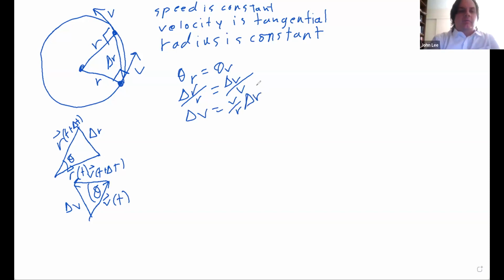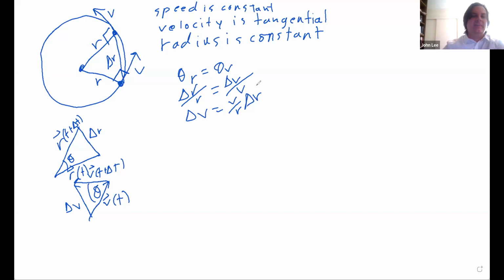So why do we care? We mostly care because if there's some change in the velocity, even if it's not changing speed, it is changing direction, that means that there has to be some sort of acceleration.